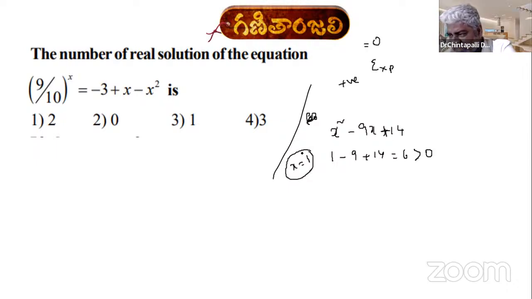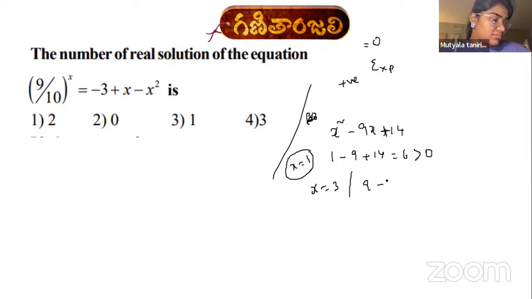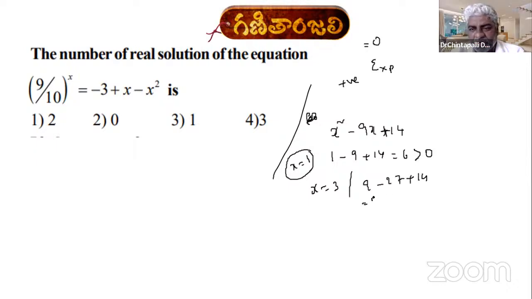Very good, x is equal to 3. You will get 9 minus 27 plus 14. 9 plus 14 is 23, minus 27 is minus 4, which is negative.